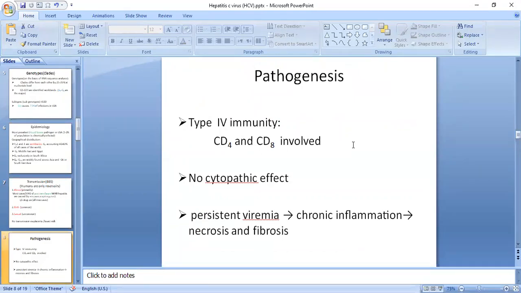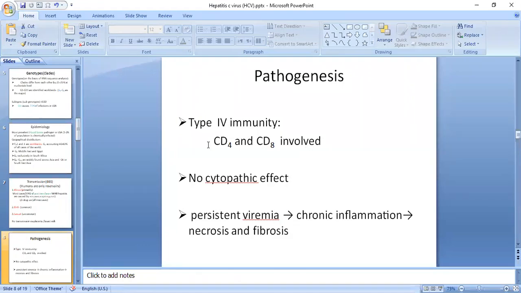How does the infection cause the disease? Type 4 immunity is involved, in which CD4 and CD8 cells are involved. In type 4 immunity, T cell mediated immunity is involved.